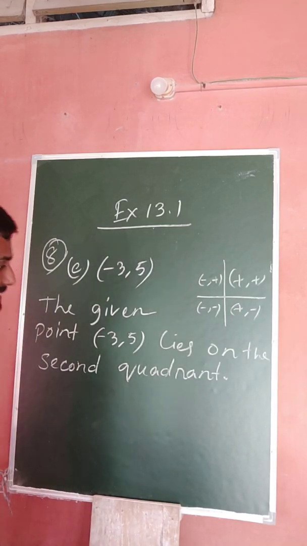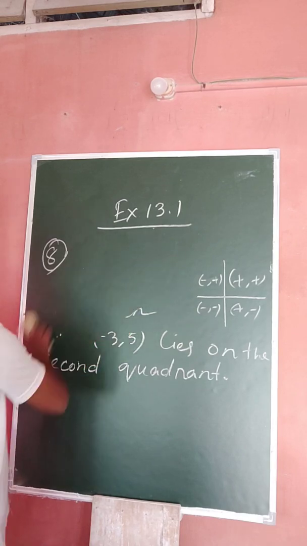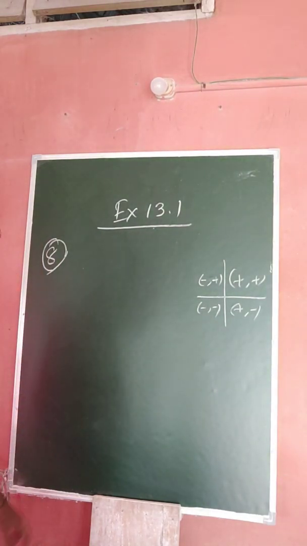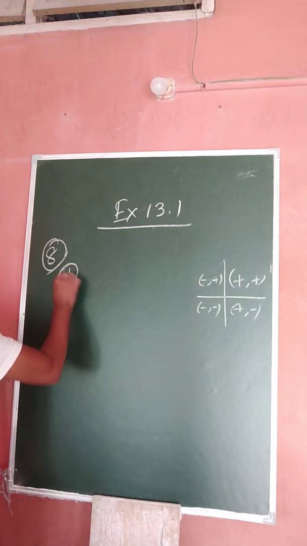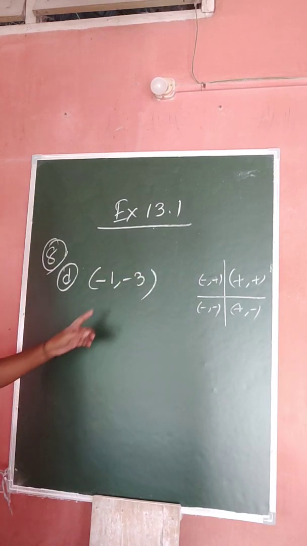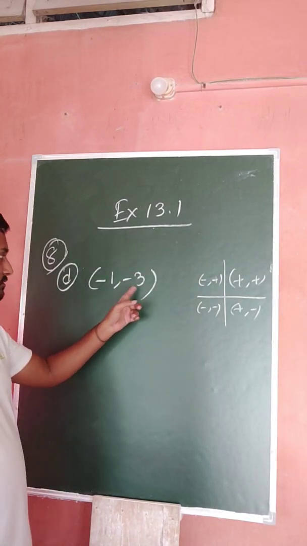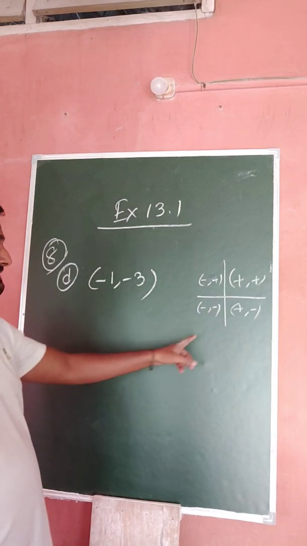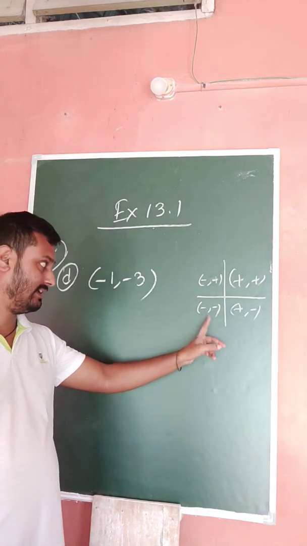Now come to question number D, which is -1, -3. Look at the point: the x coordinate is -1 and the y coordinate is -3. So both are negative, and both x and y negative means the third quadrant.